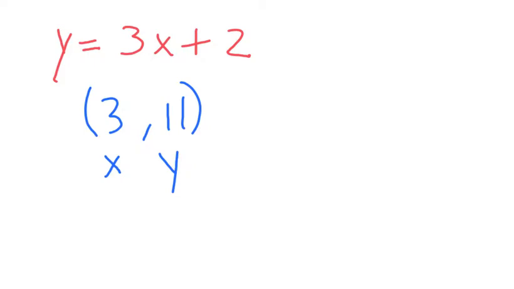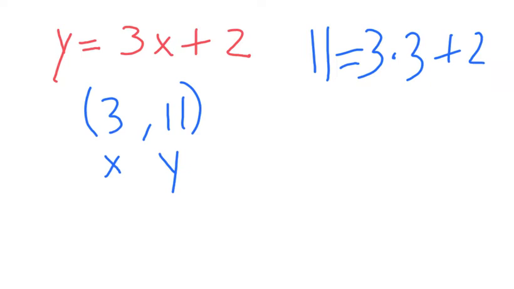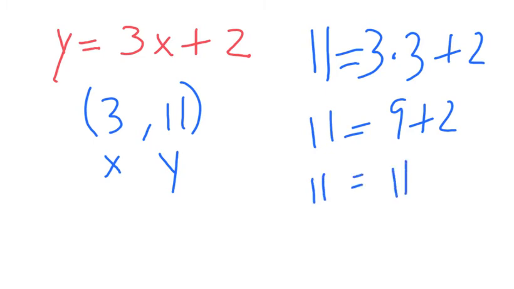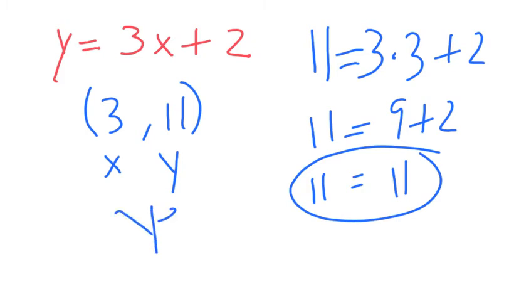So since y is going to be 11, we're going to go 11 equals 3 times 3, because x is 3, plus 2. Well, 3 times 3 is 9, and 9 plus 2 is 11. So this is true. It makes it work. So we write, yes, that is a solution. We're saying, yes, this works for this. It's a solution.